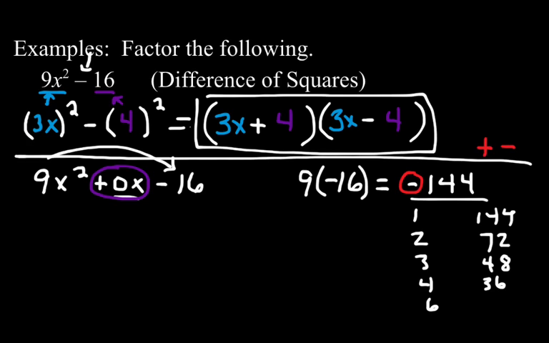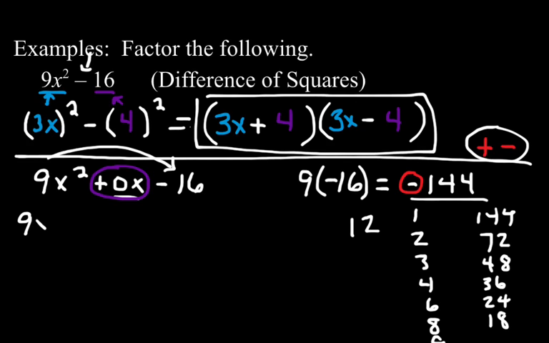And 6 goes in there 24 times. 8 goes in there 18 times. 9 goes in there a whole bunch of times. But really the key is this: what times itself equals 144? And the answer is 12. So that means one of our 12s is positive and one is negative.